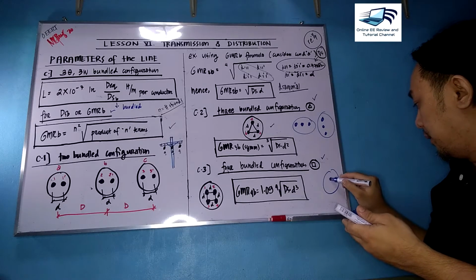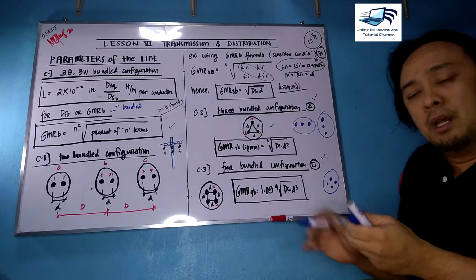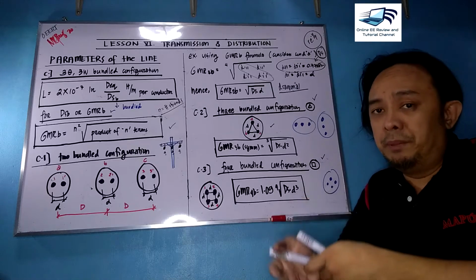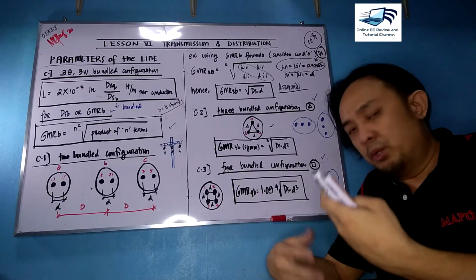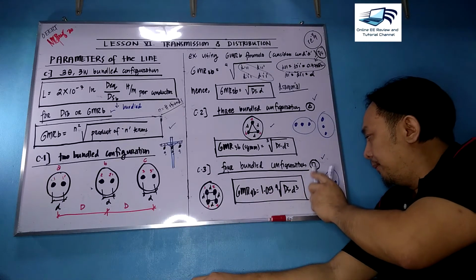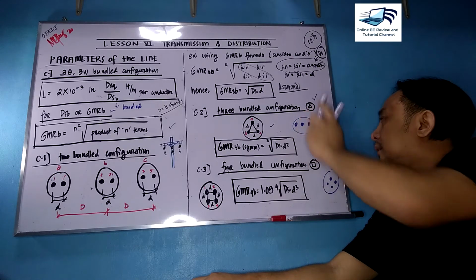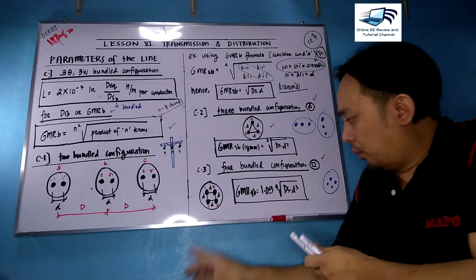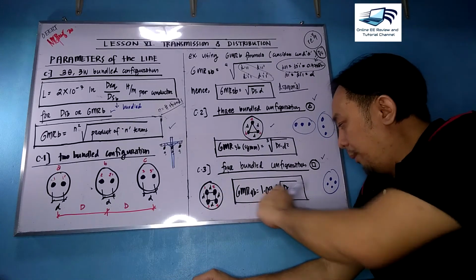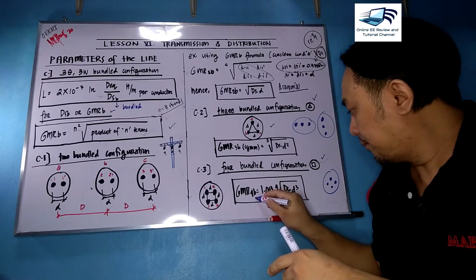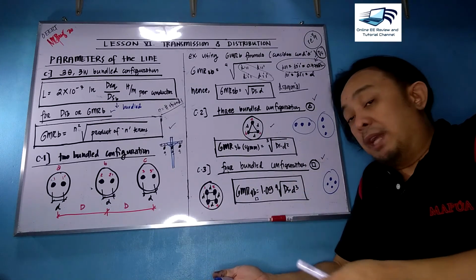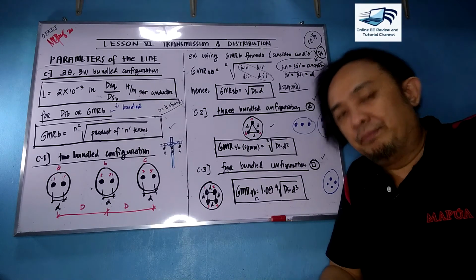If you have a bundled diamond like this with the same distance d, of course, that will be different. But if you say typical, if there's no given, you can use a square and a symmetrical or equilateral triangle. So the formula for a four bundle is 1.09 multiplied by the 4th root of ds times d cubed.